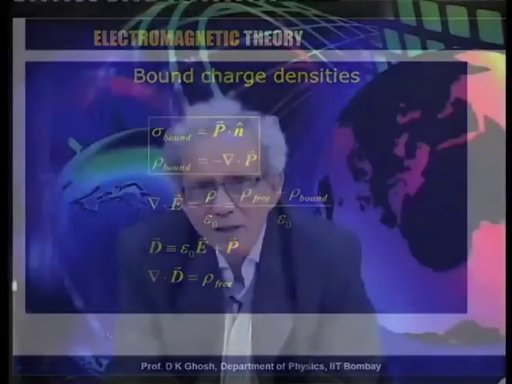Remember, my electric field E satisfied the Maxwell's equation, which was del dot of E equal to rho by epsilon 0. So, what happens to that expression? That expression remains as it is, but for the following footnote.